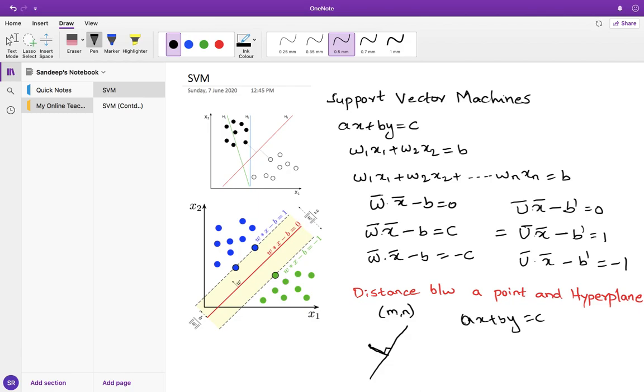The distance can be found by substituting this point in here with a modulus operation. So modulus of am plus bn minus c divided by the square root of a square plus b square. So this is a general distance equation. In this particular case, let us derive the distance equation.